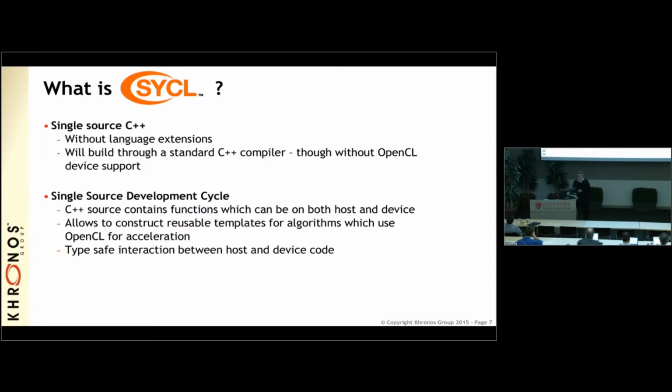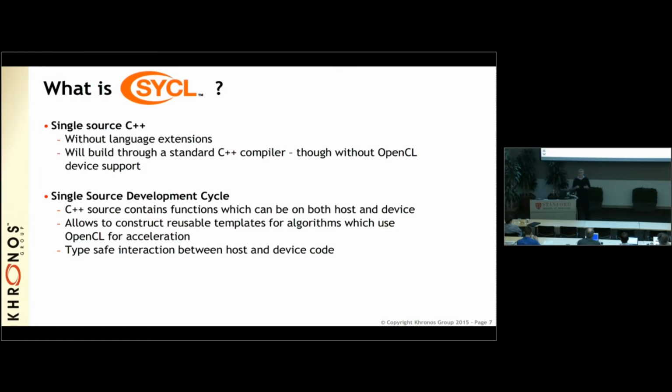So SYCL is a single source C++ specification defined without any language extensions at all, and this is a fundamental design decision of SYCL. That means that the SYCL code will build through a perfectly standard C++ compiler. It obviously wouldn't get OpenCL device support through that standard C++ compiler, but it gives a convenient fallback. And this means you have a well-integrated development cycle.